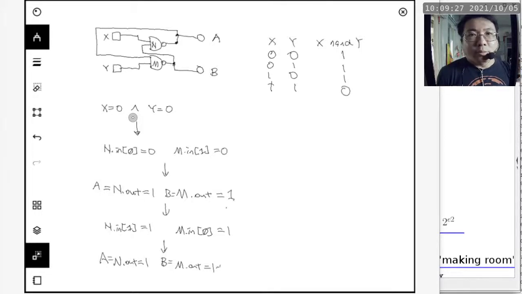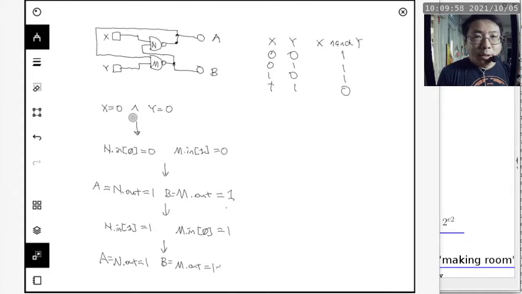You can use a multimeter to touch them to find out what this entire node has as a state and what this entire node has as a state. So A and B are not really quote-unquote devices. They are kind of instantaneous. As soon as the output of N and M changes, A and B reflect just that. It's just a point where we can probe and ask, what is the output of N? What is the output of M? That's what A and B are.